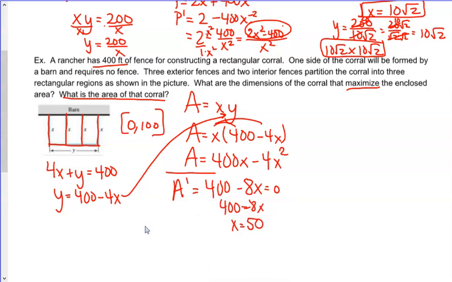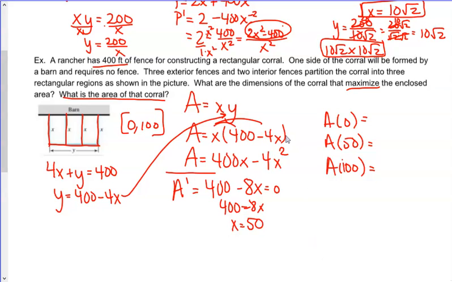So that x equaling 50, that is the possibility for my maximum area here. So in order to solidify that, I have to determine with my endpoints at 0 and 100, and consider that 50 as my critical point, and determine what is the maximum area.